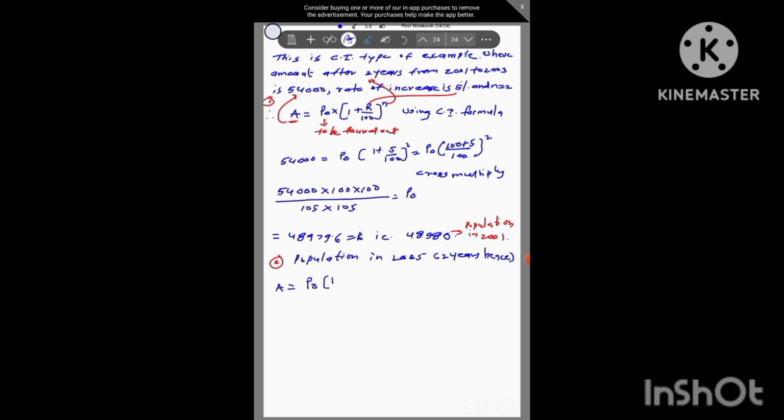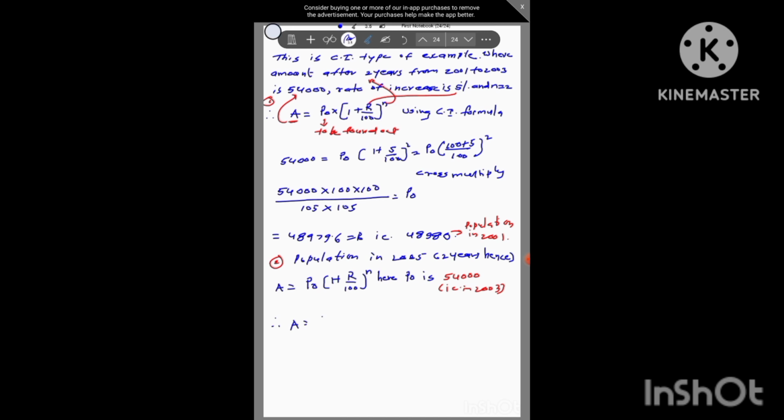We are taking 54,000 because that is given data and this is an answer found by us. So A equals P0 into 1 plus R upon 100 raised to n. Here P0 is 54,000, that is in 2003. We are calculating for 2 years, so n equals 2.